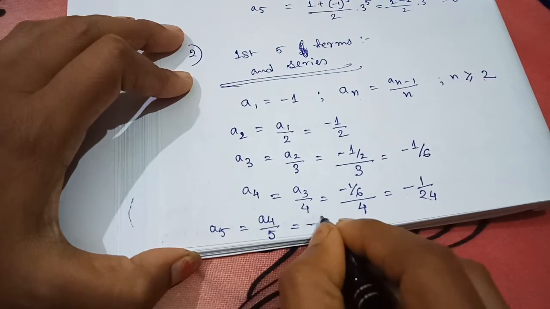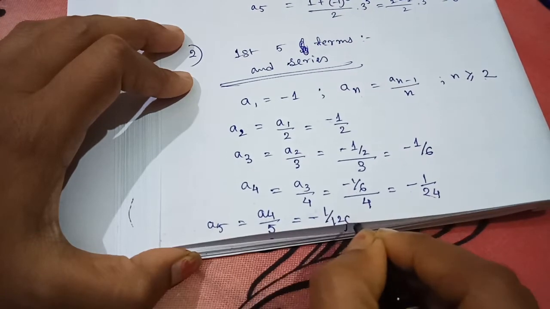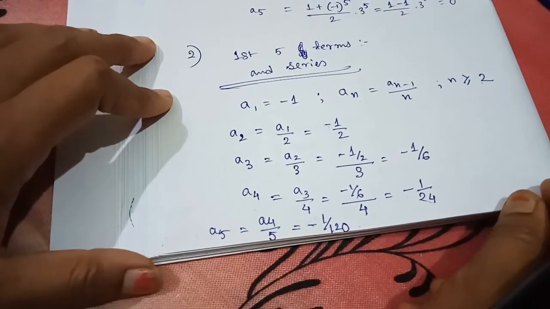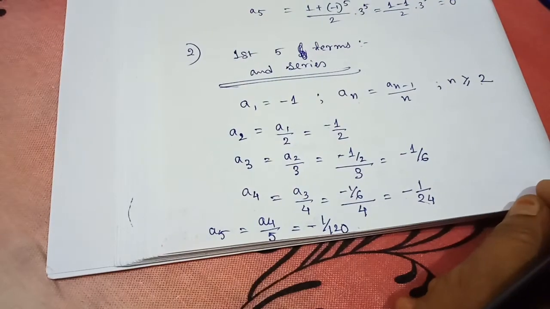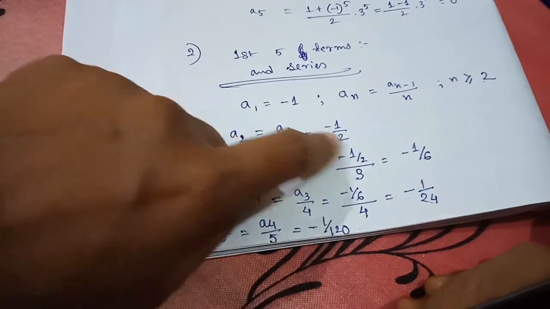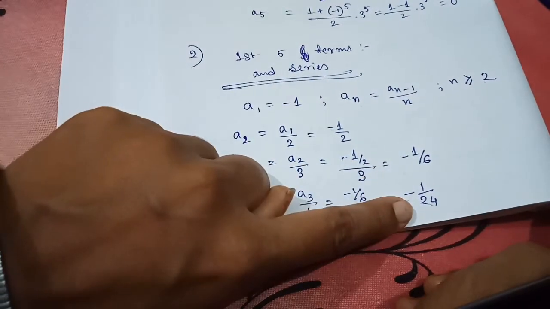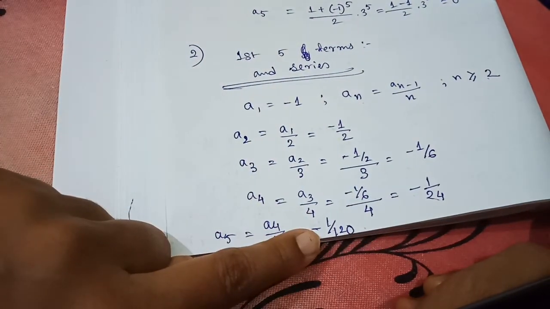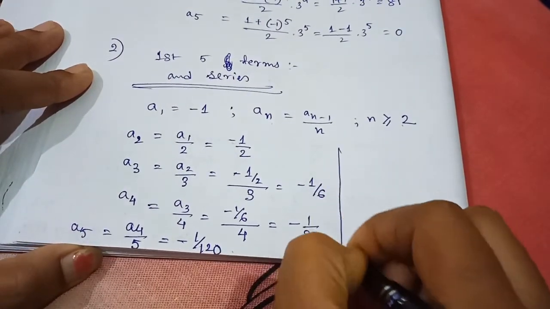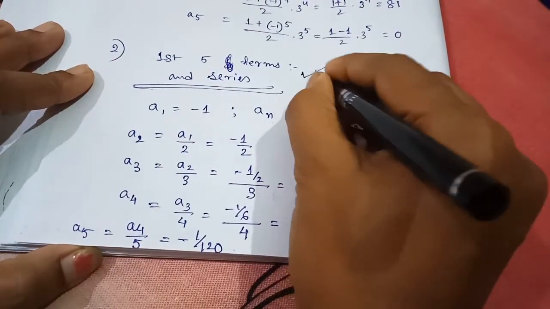It will be minus 1 by 120. So these are 5 terms: minus 1, minus half, minus 1 by 6, minus 1 by 24 and minus 1 by 120. This is the first part's answer, that is the first 5 terms.